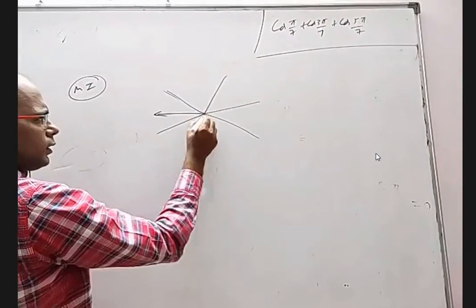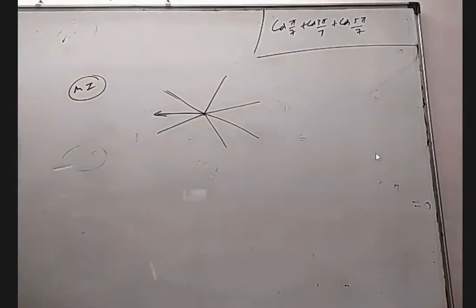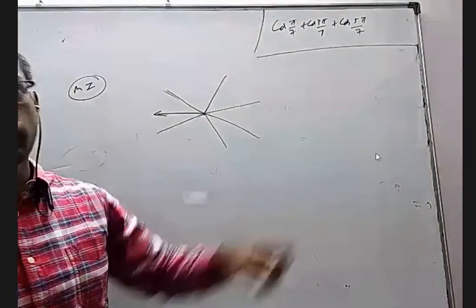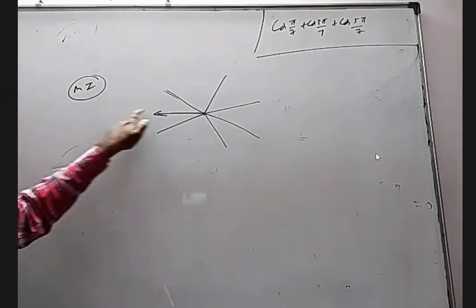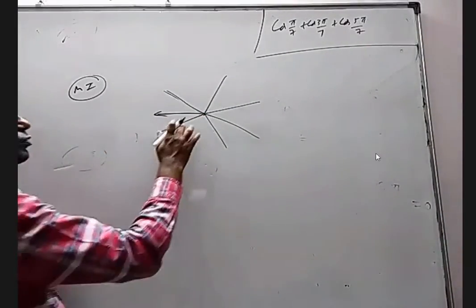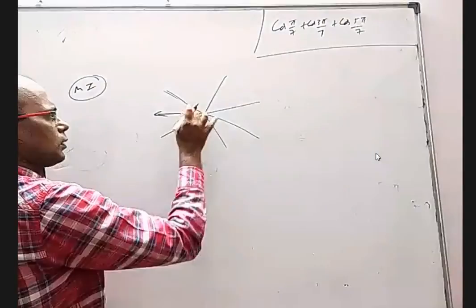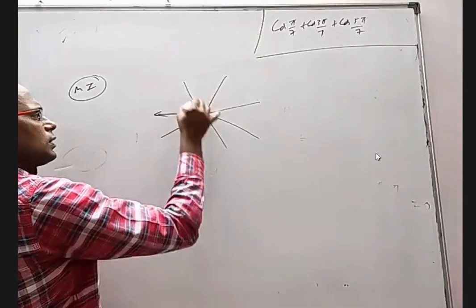Earlier I took 7 forces there. The first force I took along positive x-axis. Now I will take along negative x-axis, and all angles are equal, 7 forces.